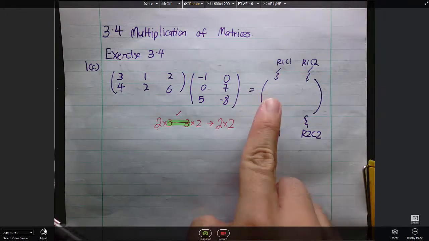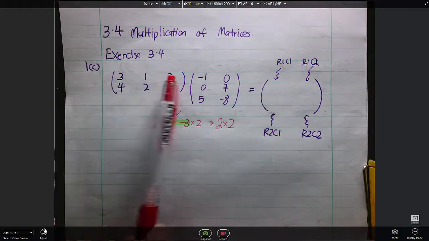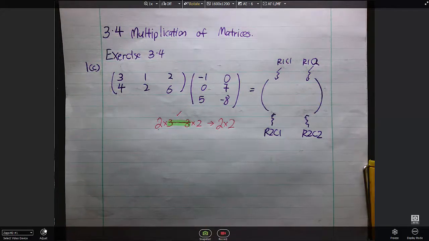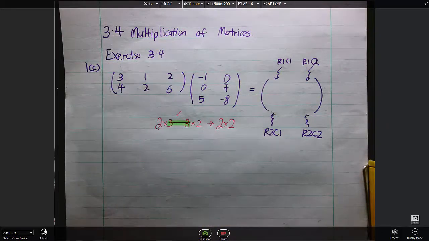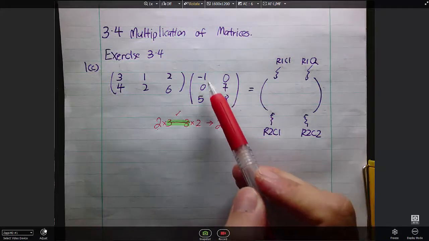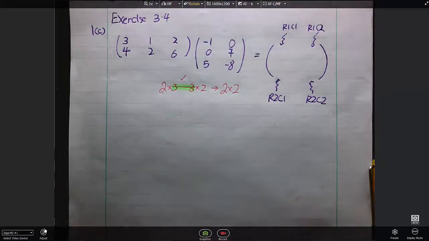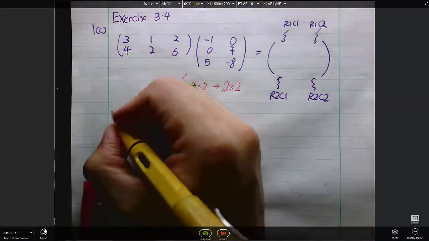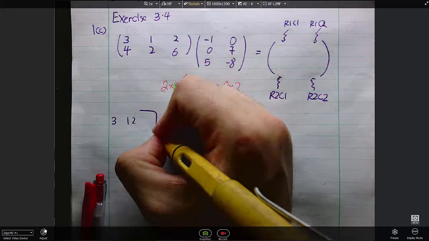For this first element, row 1, column 1, we take row 1 from the first matrix and column 1 from the second matrix. Row 1 from the first matrix is 3, 1, 2. Column 1 from the second matrix is negative 1, 0, 5. So we employ run and dive. What I mean by run and dive is this: 3, 1, 2 will run and then dive, like this.